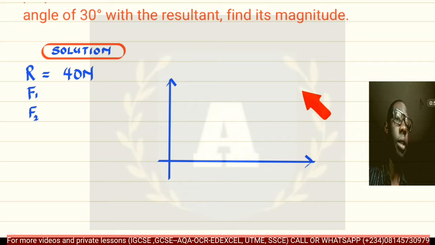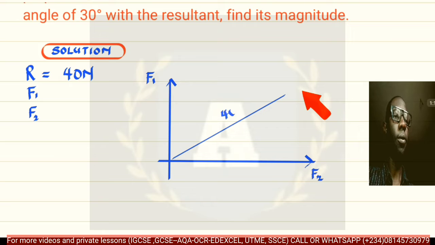All right, now if this is F1 and this is F2, the resultant has been given to be 40 Newton, and that is the resultant, 40 Newton. And he said one of them, either F1 or F2, makes an angle of 30 degrees with the resultant.